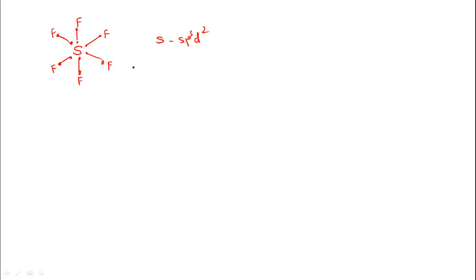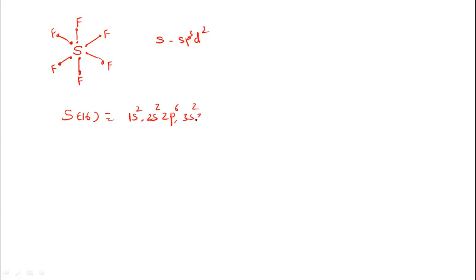So when we talk about the molecular orbital theory, let us first see the atomic orbitals of the sulfur atom. Sulfur has atomic number 16, so it has the electronic configuration 1s2, 2s2, 2p6 and 3s2, 3p4.